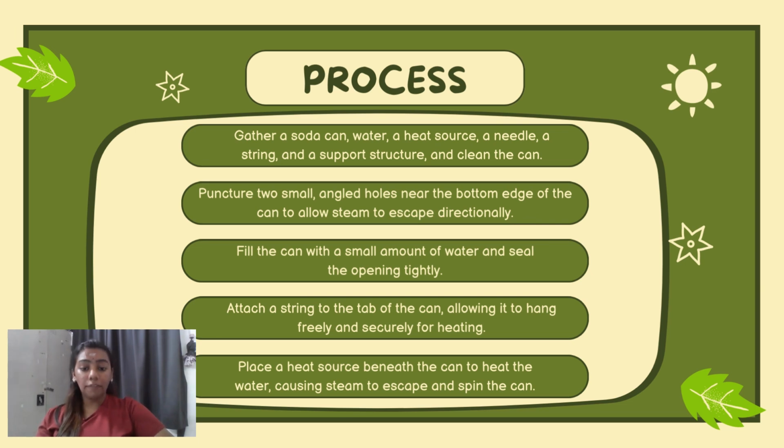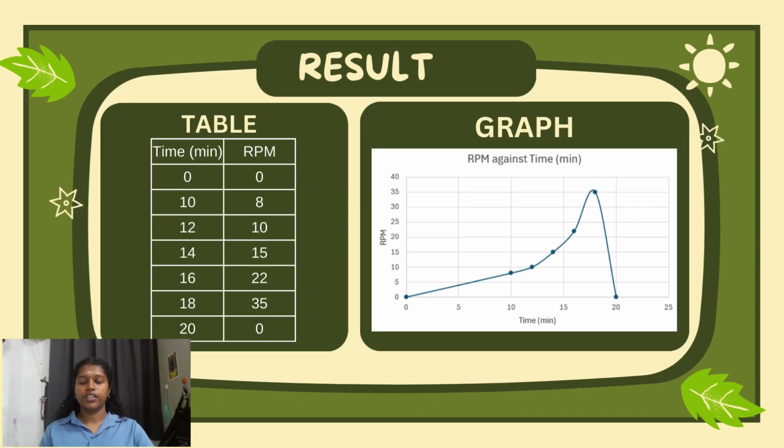After that, we filled the soda can with a small amount of water using the small hole made before. Then we made another hole at the same angle for the steam to escape directionally. Then we set up the experiment, suspended it over the candle flame, and waited a while for the can to rotate.